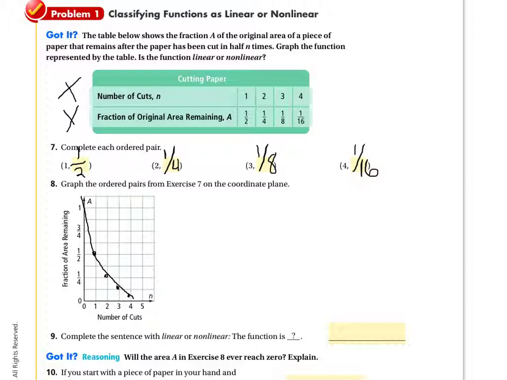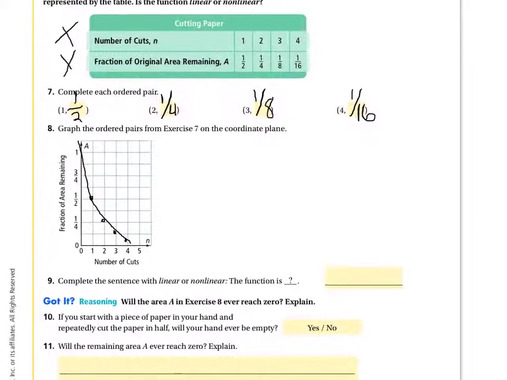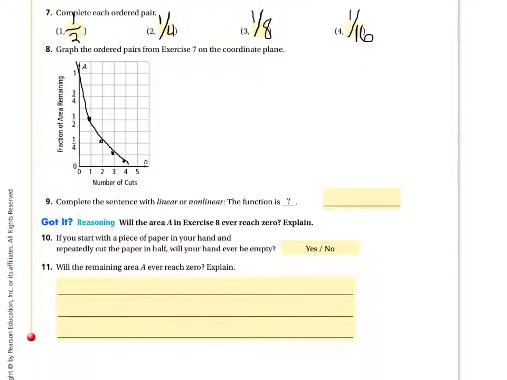So go ahead and take a second and fill in every blank that I have so we can see where we've got the 2 in the 1/4, the 3 in the 1/8, the 4 in the 1/16. After you complete that, go ahead and plot them on the graph.